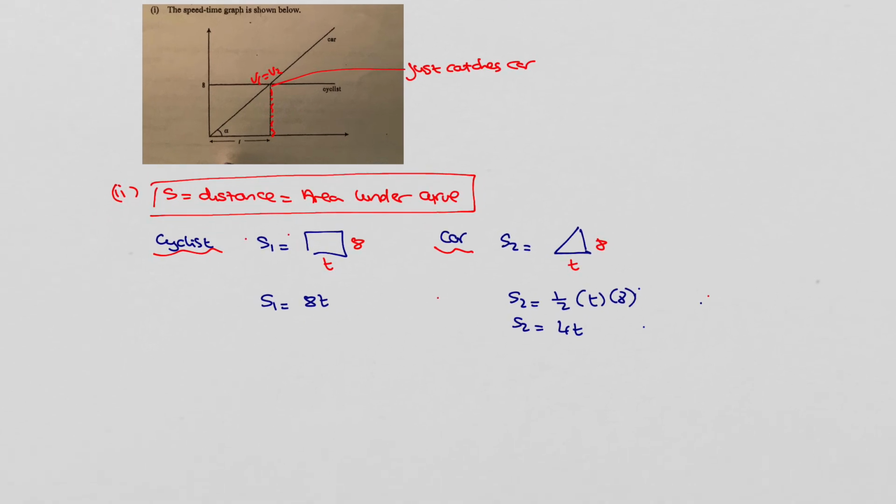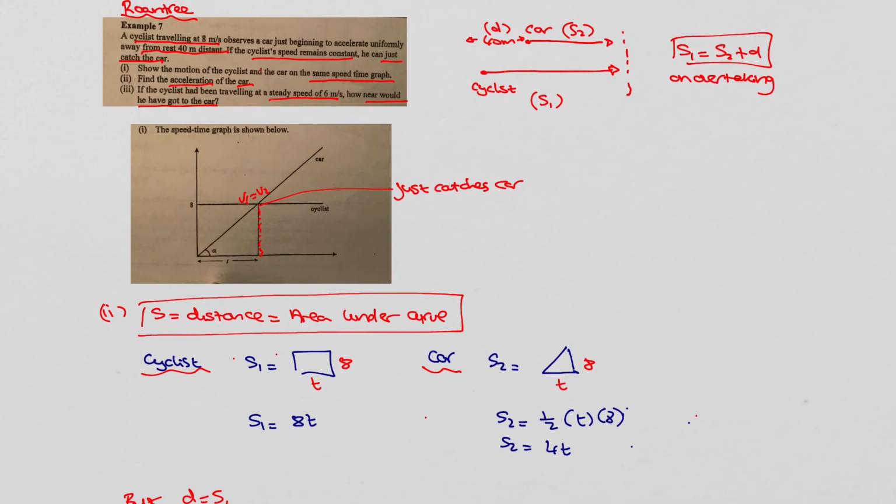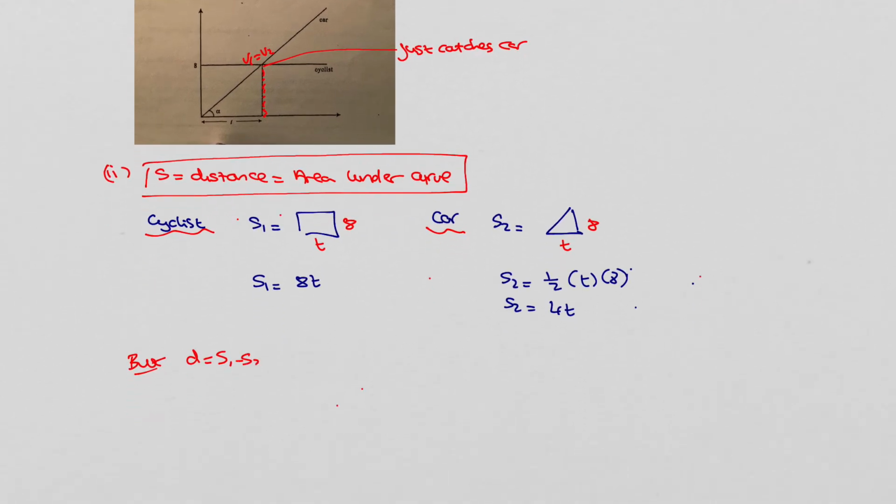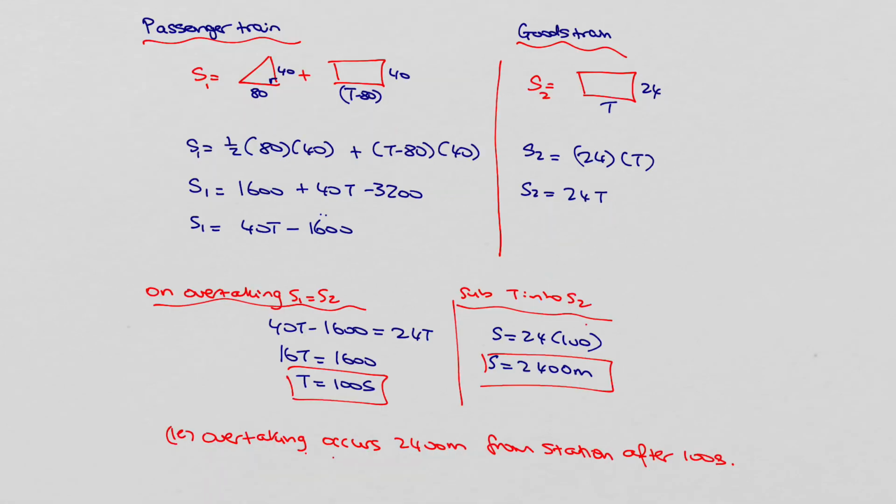So therefore, if we put that into our information about D, D is equal to S1 minus S2, I should say. Then I know D is 40, and we have 8t minus 4t gives me 4t is equal to 40. So in other words, t is equal to 10 seconds.